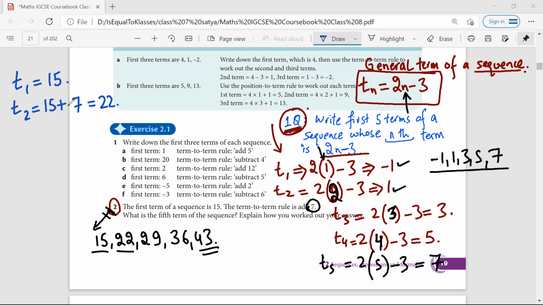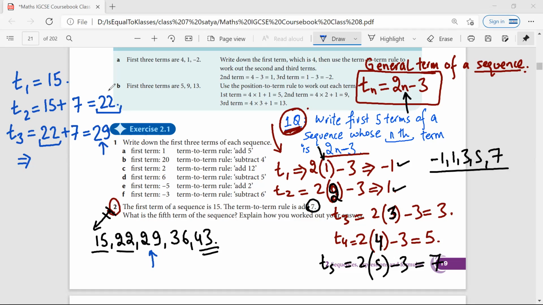Satya, have you understood here? Till here? Yes, sir. Now look closely. If I want to find the third term, what I have to do is add 7 to the second term. Have you understood this? Yes, sir. And that is why my answer is 29. Satya, any doubt till here? No, sir. Now look closely.